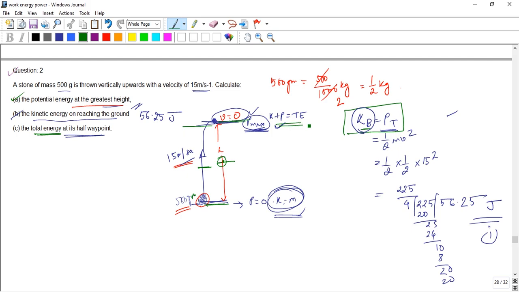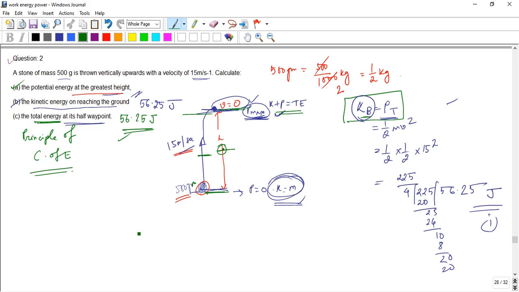Here the total energy is 56.25 joule. Okay, the same answer. Very easy, because we get it from the principle of conservation of energy.